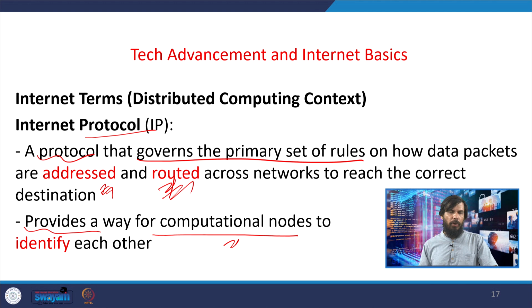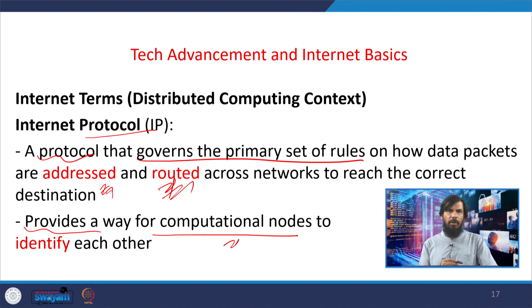We can compare this with the postal service, where we always have to write the address, the pin codes, house numbers and other things, so that the physical data can be handled by the postal staff and sent to the right city and then the right locality.